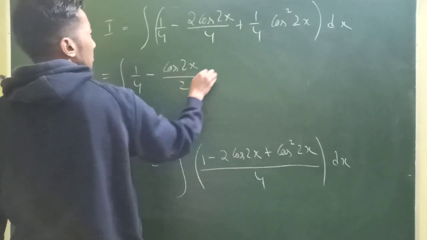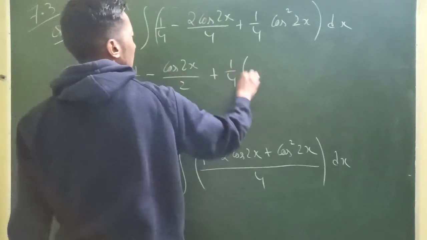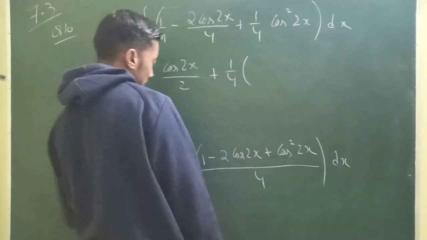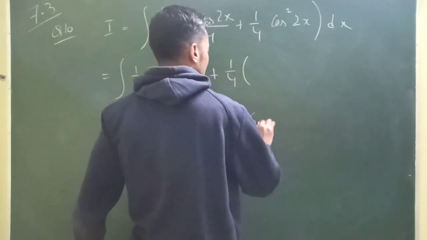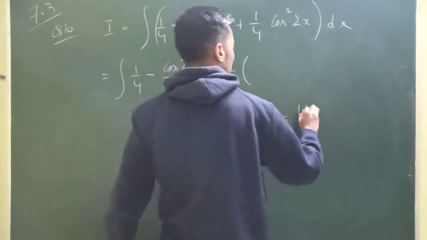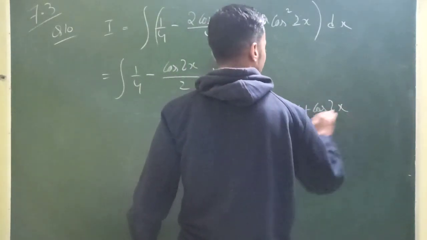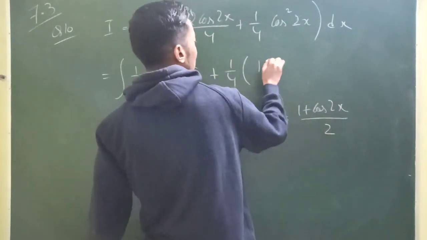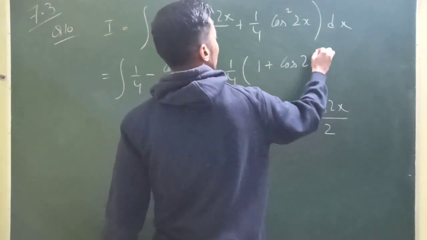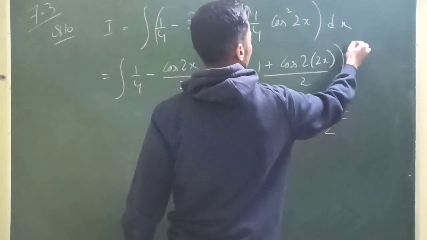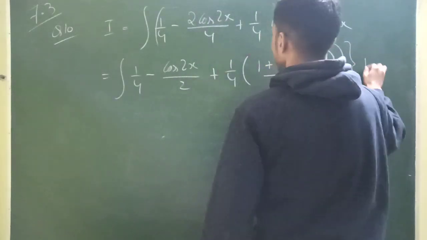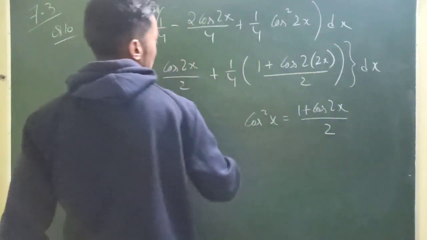Cos 2x by 2 plus 1 by 4. Now again, cos square 2x. So again, this formula again I have given you. Cos square x is 1 plus cos 2x upon 2. So it's going to be 1 plus cos 4x upon 2 with respect to x.